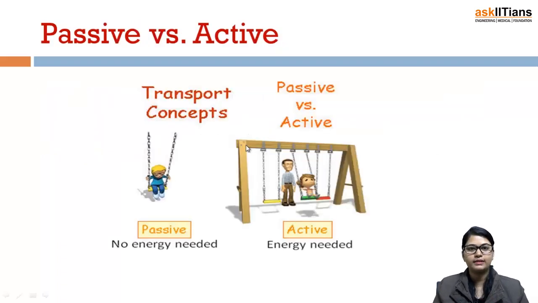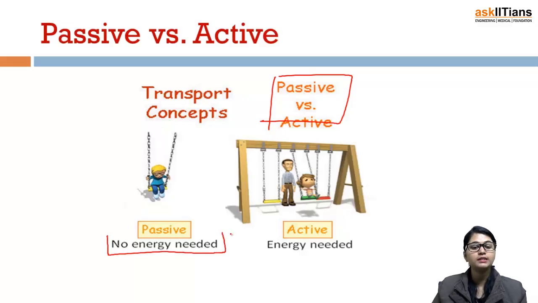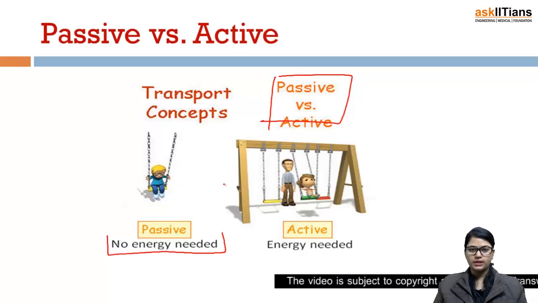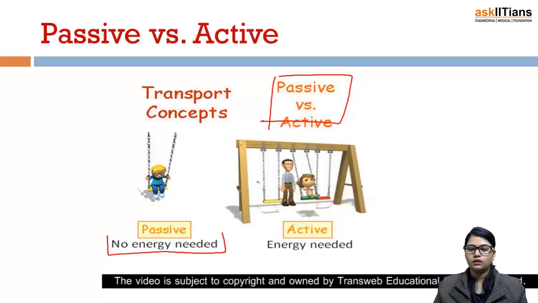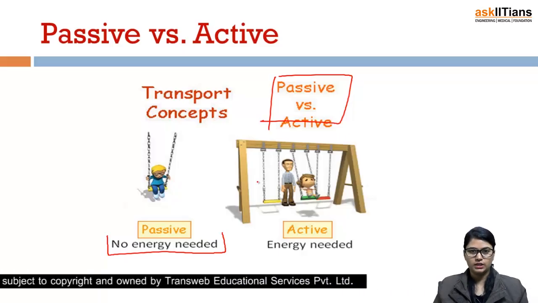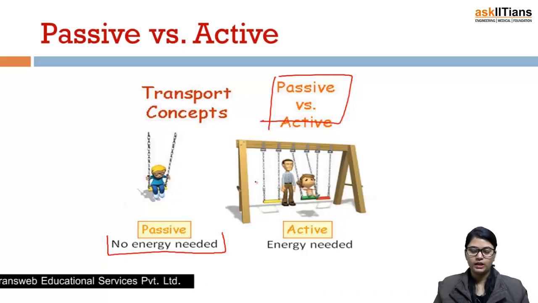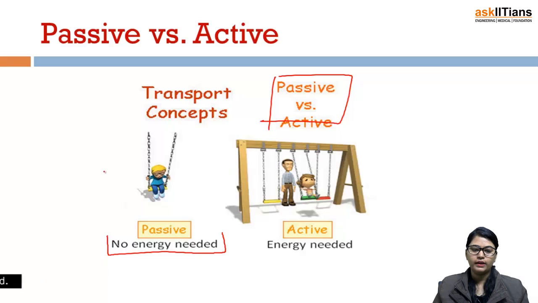Here is an image to show you the difference between passive and active absorption, the transport concept. In passive absorption, no energy is needed. The child is sitting on the swing, nobody is there to push him, so he is stationary, his swing is not moving. No energy.